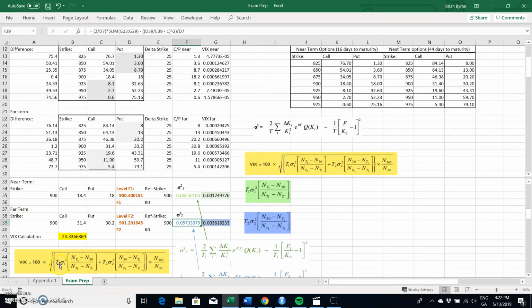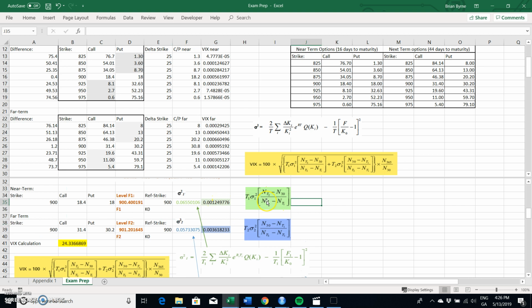We could say T1 sigma squared 1, I identify that as being this green component, and this bit here as being the blue component. We can make the estimate here in green if we say, okay, equal to, what's T1? T1 is equal to 15 divided by 365, because there's 365 days in a year.